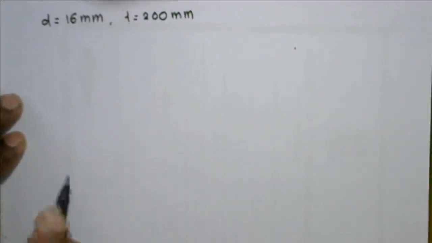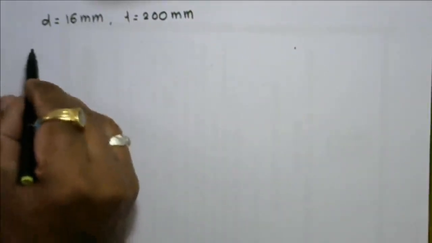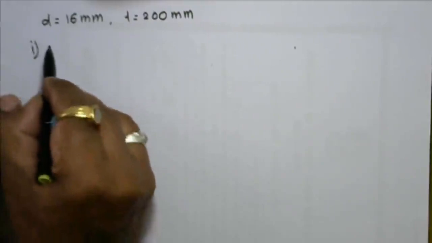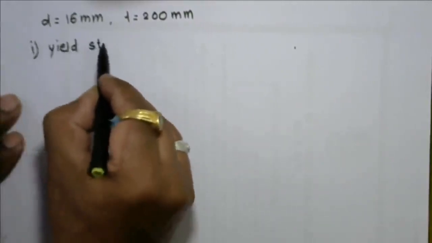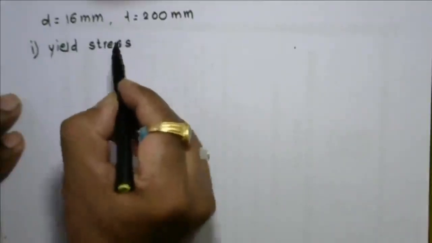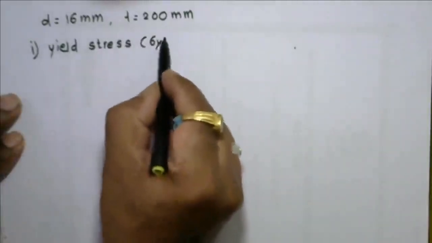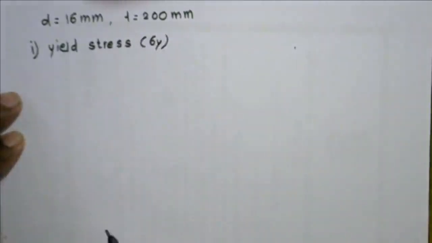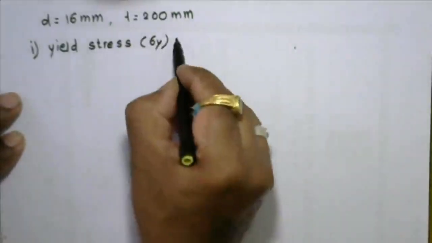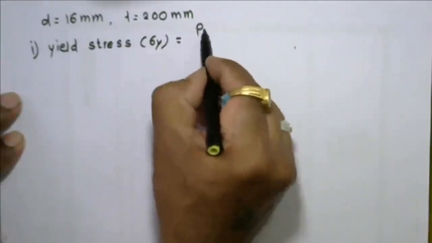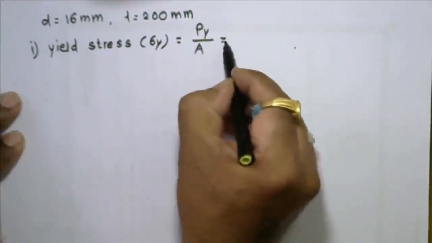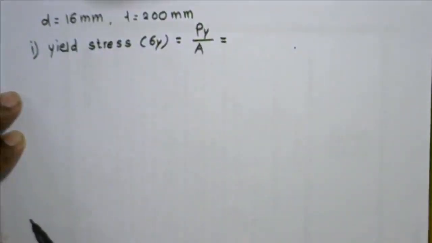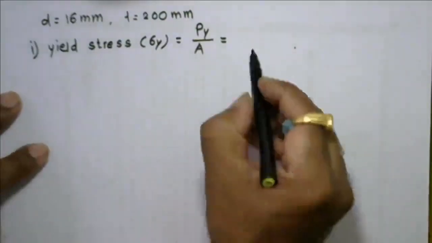Now first come to the points. First we have to calculate yield stress, that is sigma y. Y indicates it is a yield stress. Yield stress is equal to load at yield point divided by cross-sectional area. The load at yield point, you may say the second load, is 42 kilonewton.